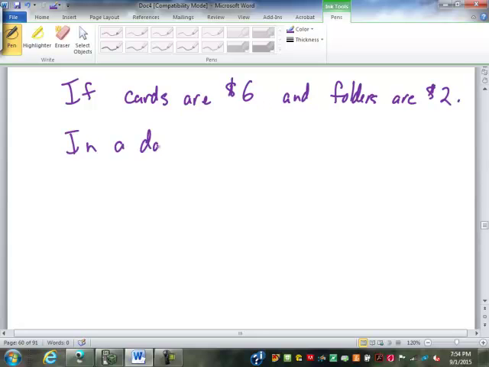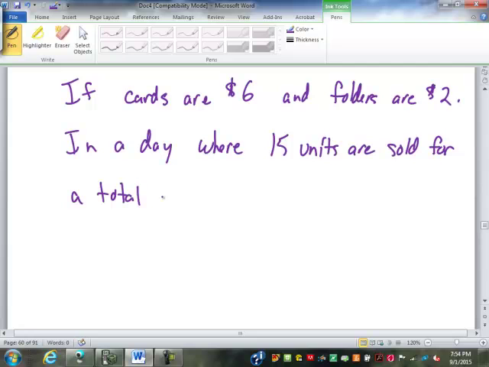In a day where 15 units are sold, for a total of $70. How many of each were sold?